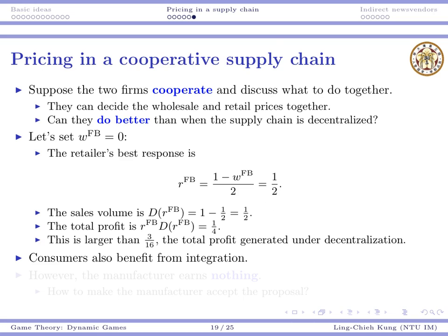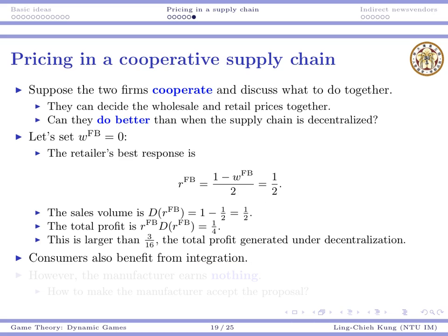So now, under integration, the price becomes lower, and then more consumers can buy this product. More people buy this product at a cheaper price. That benefits the consumers. So in this case, integration can benefit the firms, and also benefit the consumers.